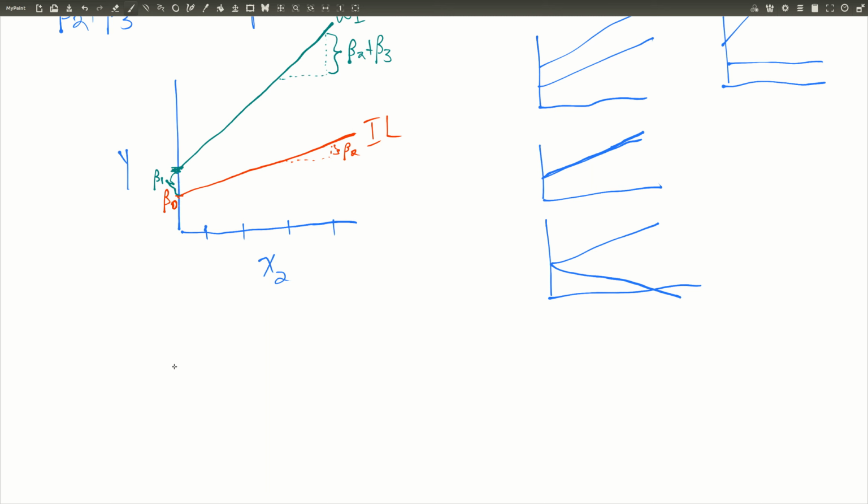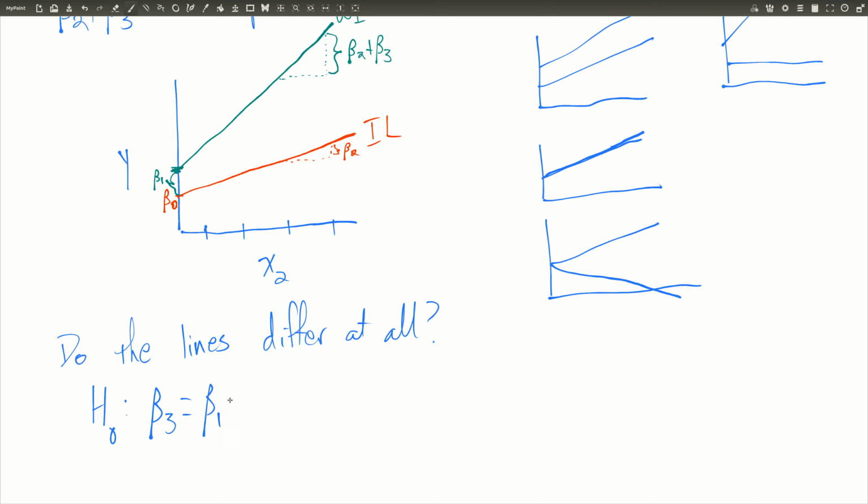So if you want to test the hypothesis, do the lines differ at all? You could set it up like this. My null hypothesis is that beta 3 and beta 1 are equal to 0, given beta naught and beta 2. So if you don't reject this null hypothesis, then you don't have any clear evidence that the lines are different. Pretty cool, actually, I think.